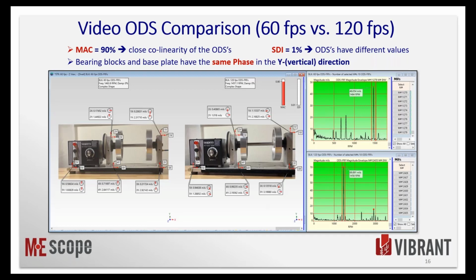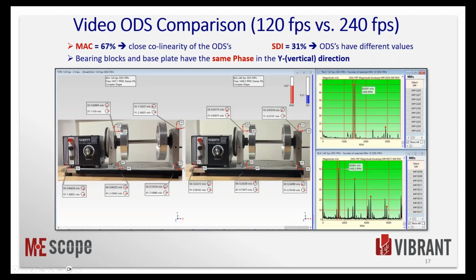There's millions of pixels in each frame of these videos, and we're not showing the data at every pixel. We're showing it on a grid of points. So a little different, a little unique to MEscope, where we animate the picture or the frames of the video on a rectangular grid of points. So we'll look at that in a minute.